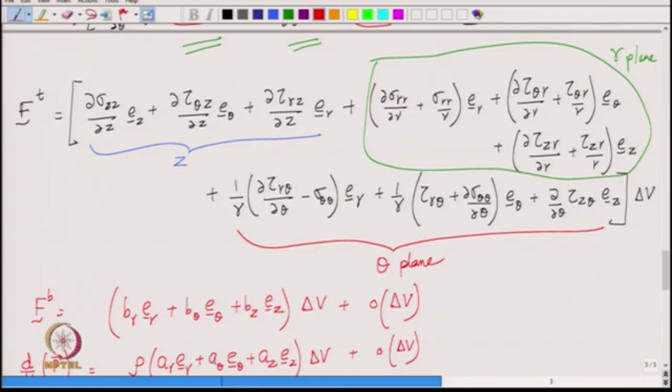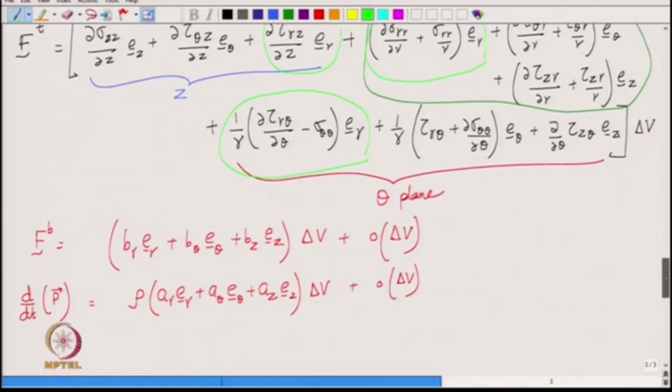So, let us look at the components in the E_r direction. You can actually see it here. This is the component along E_r, this is also the component along E_r, and then this is the component along E_r, and likewise for the body force and the rate of change of momentum.